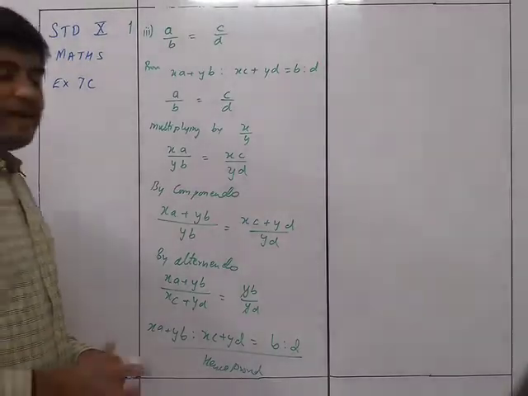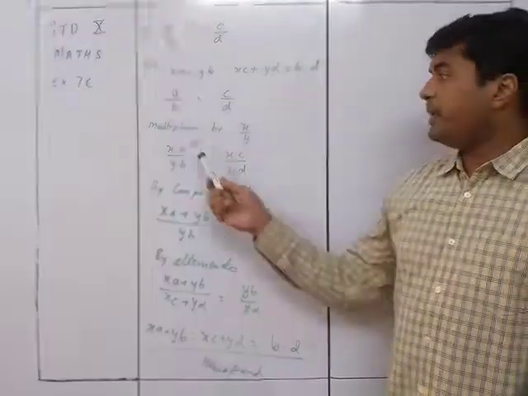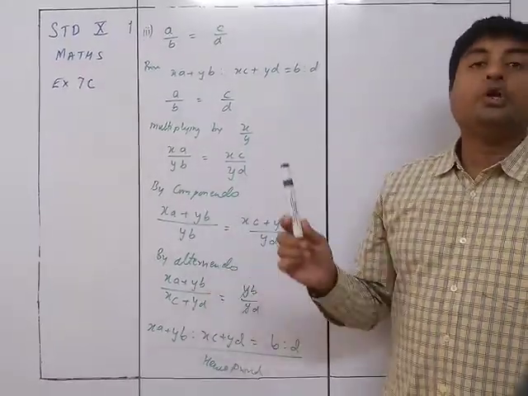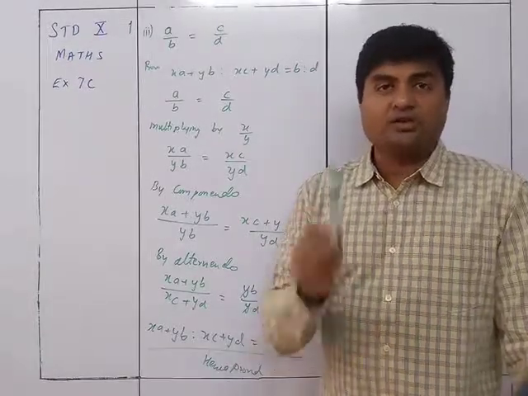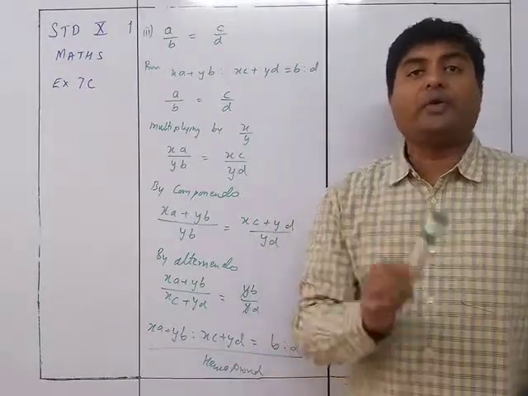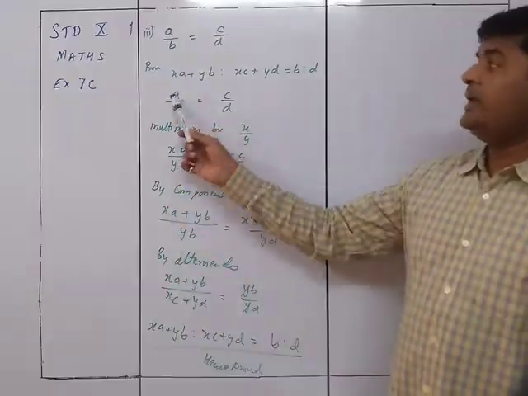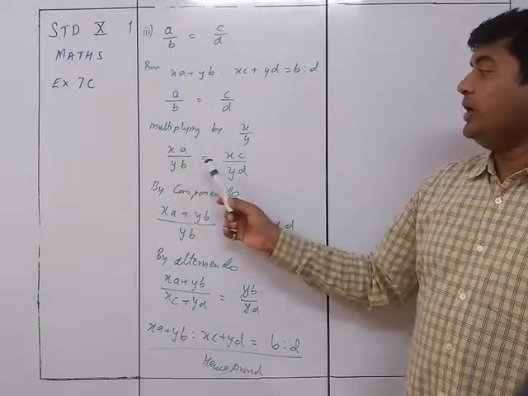Got it? Now you can see one more important thing over here is that when you are using componendo, dividendo or any such kind of proportionality properties, you cannot take RHS and LHS separately, because whatever you are doing, you have to do to both the sides of the equation. So here we are doing x upon y to both the sides.